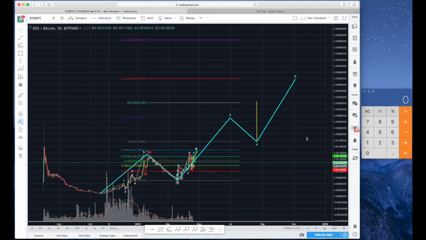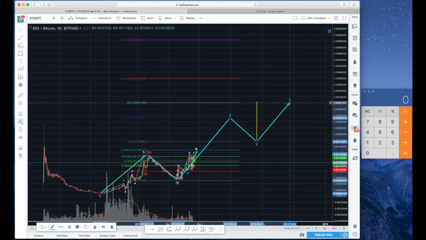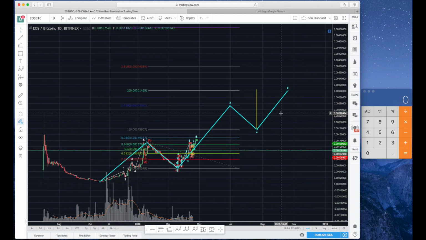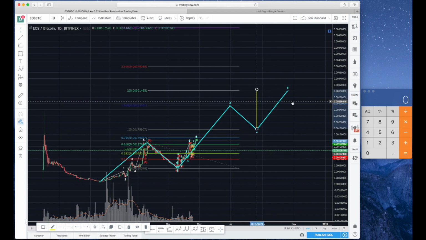So I'm not gonna go into much detail into this because it's so far away, but if you're a long-term holder, I think this is good to know that it has the potential to go as high as this. And you may ask yourself, okay, so what's the time frame?